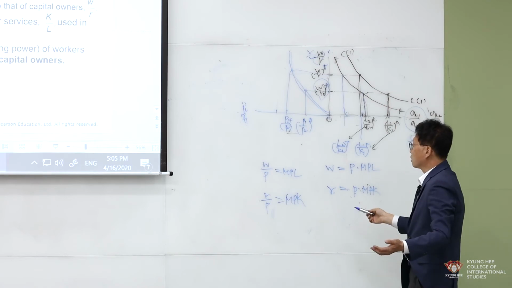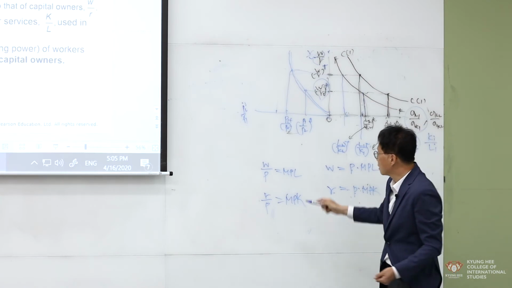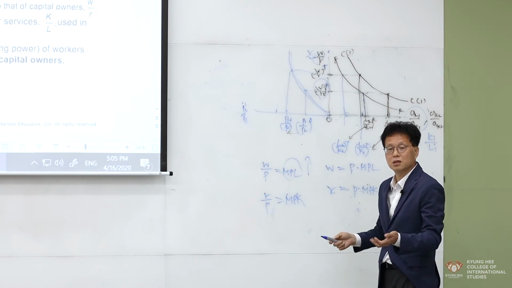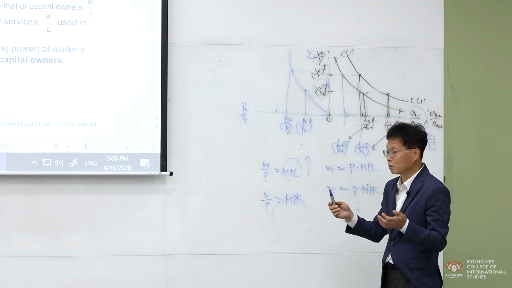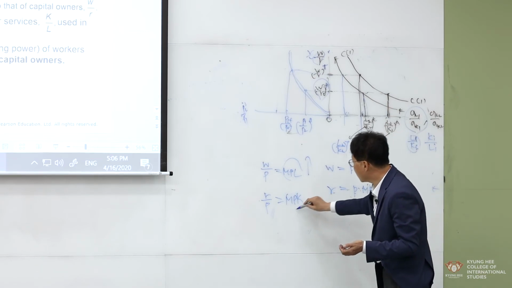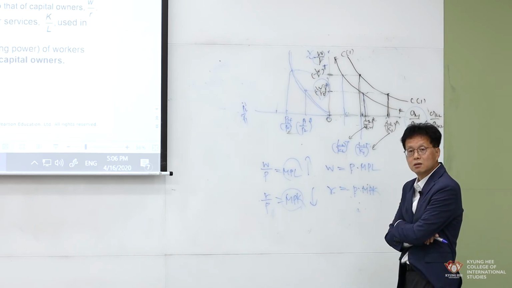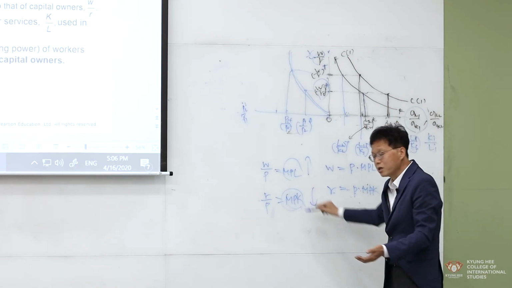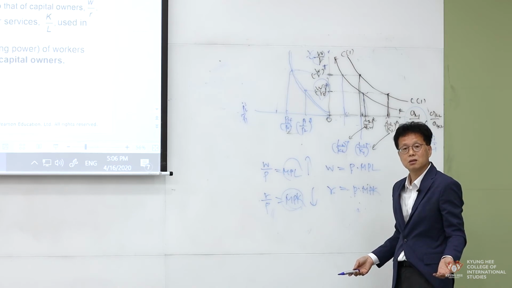So real income of workers increasing means MPL, the marginal product of labor, increases. Then we say real income of labor increases. Our textbook says the real income of landowners decreases, which means MPK decreases.